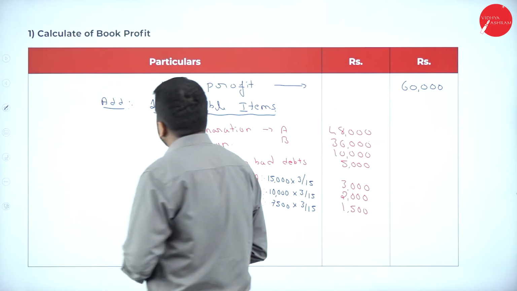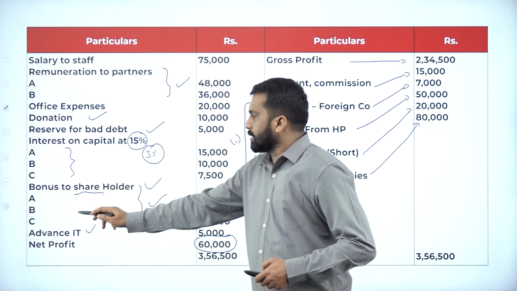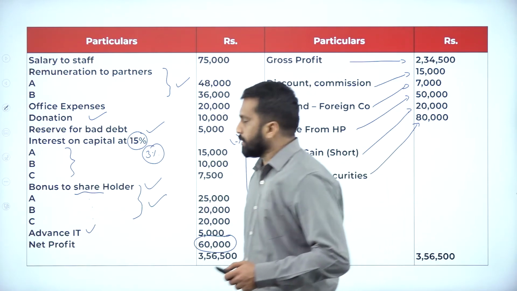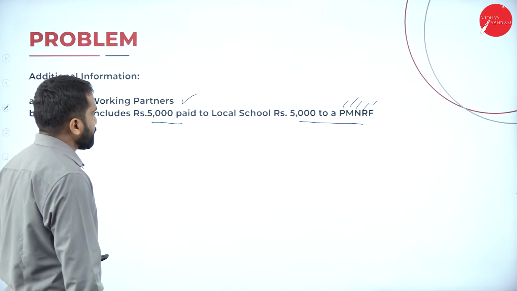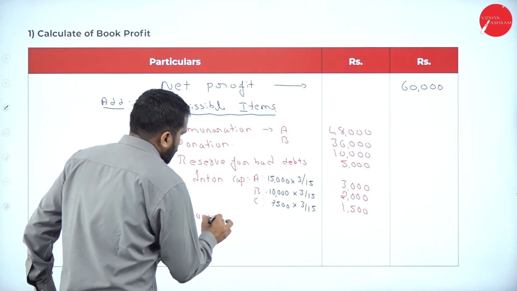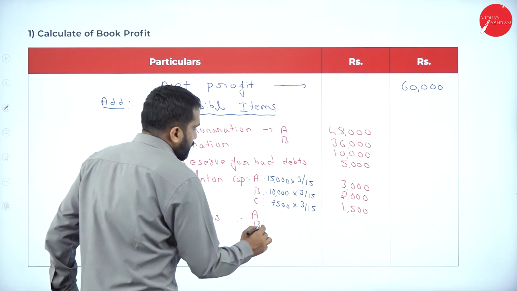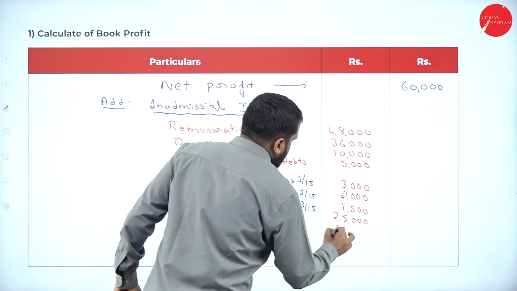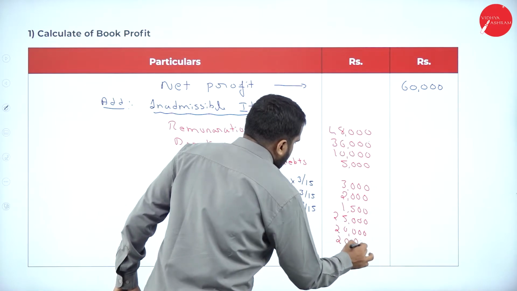The next one, after interest on capital, is bonus for A, B, C: 25,000, 20,000 and 20,000. Bonus in this, A, B, C: 25,000, 20,000 and 20,000.